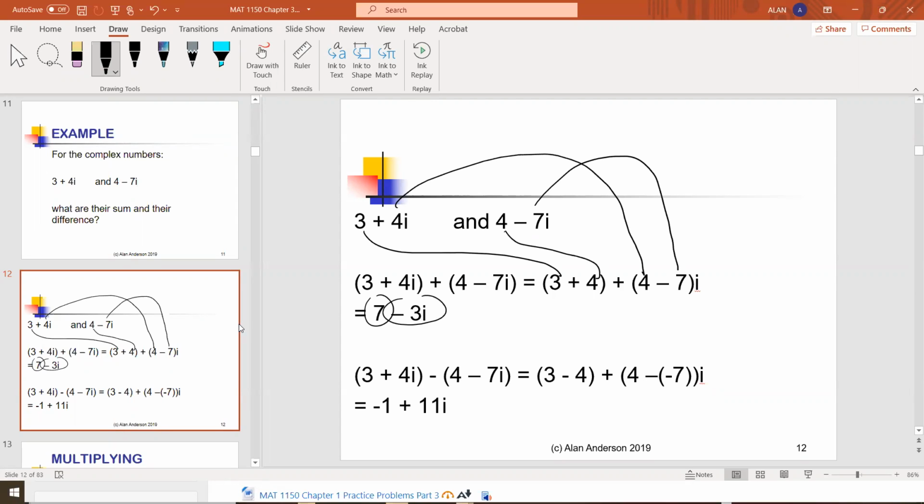Now, when we subtract, of course, we have to be doubly careful here because you've got 3 minus 4 for this piece. Here, this is the result of taking 4 minus -7. So you actually end up with -1 plus 11i. All right, so that's because of this negative.